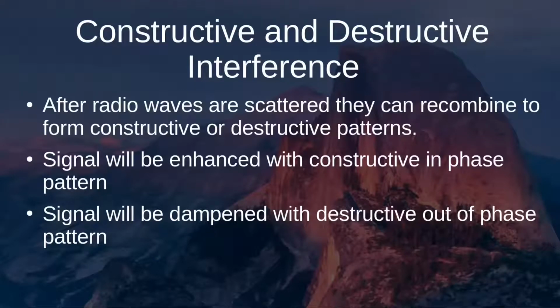If you drop a pebble into the pond, waves are created. And if you drop another pebble maybe 2 or 3 feet away, some of those waves may combine and become larger. So that's constructive in-phase interference. However, some of those waves may cancel each other out. The peak may intercept the trough of the other one and create a flattening of the pattern, or a destructive out-of-phase pattern.